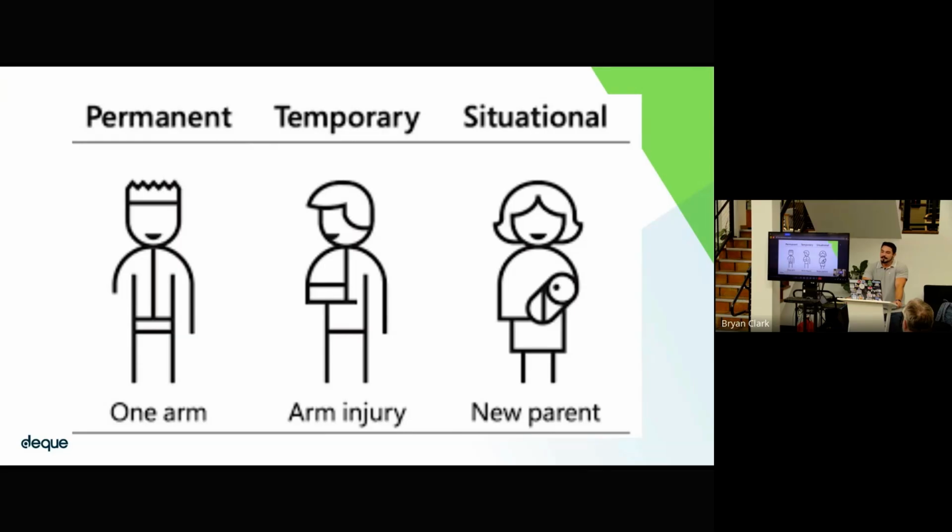An example of a permanent disability would be the gentleman on the left with one arm. An example of a similar but temporary disability would be the gentleman in the middle with an arm injury. And then, lastly, a situational disability, which would be a new parent holding a baby. All 3 are prevented from using one of their arms.